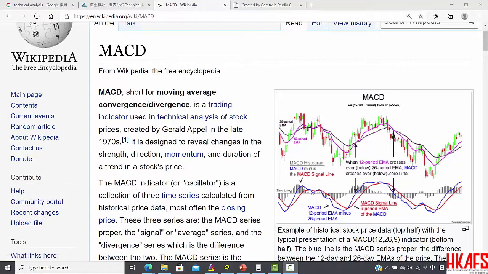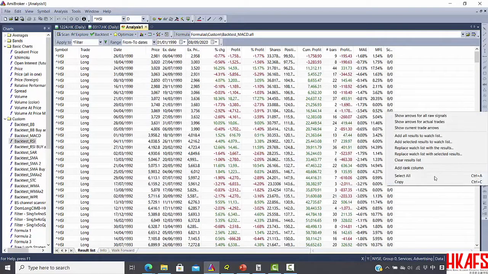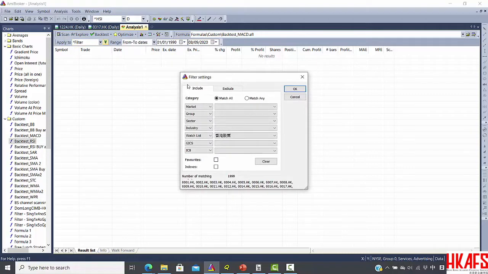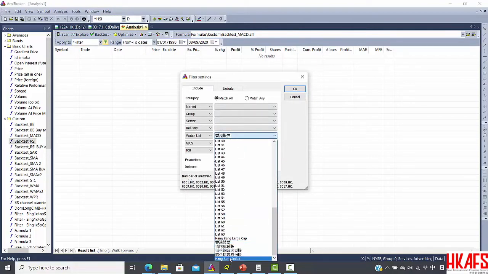And now I would like to show you the backtest results for MACD. I would like to take 30 years of data, 1990 to 2020, and test the Hang Seng Index.